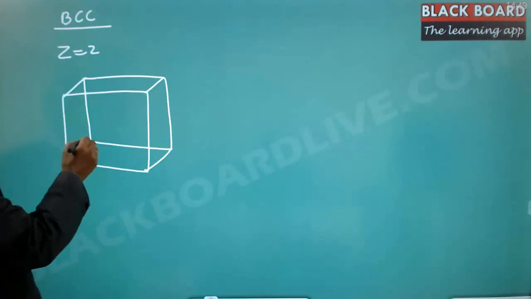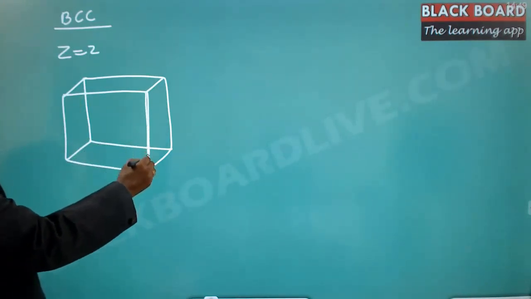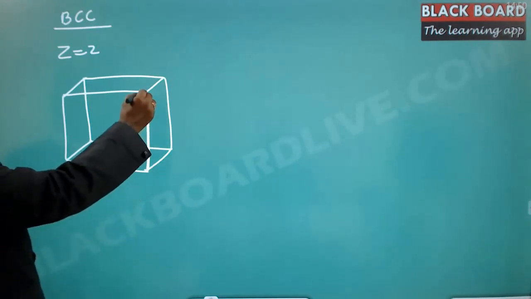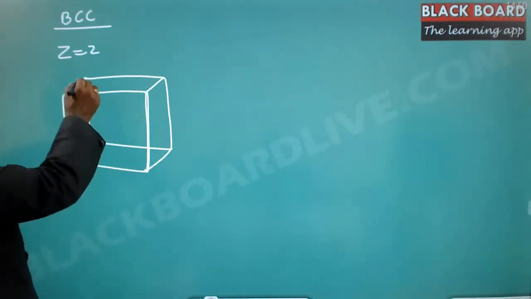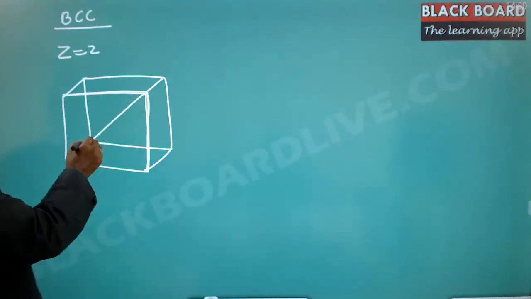This is the cube. It is one corner. The top point of the corner and the opposite corner, this bottom point, is called the body diagonal.